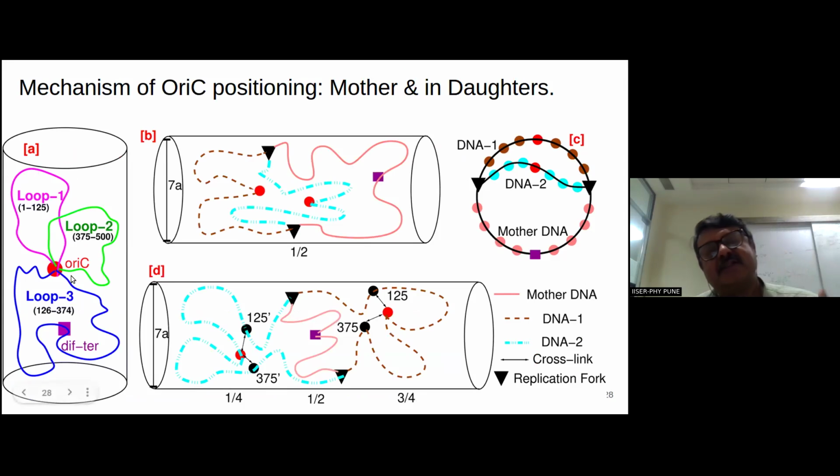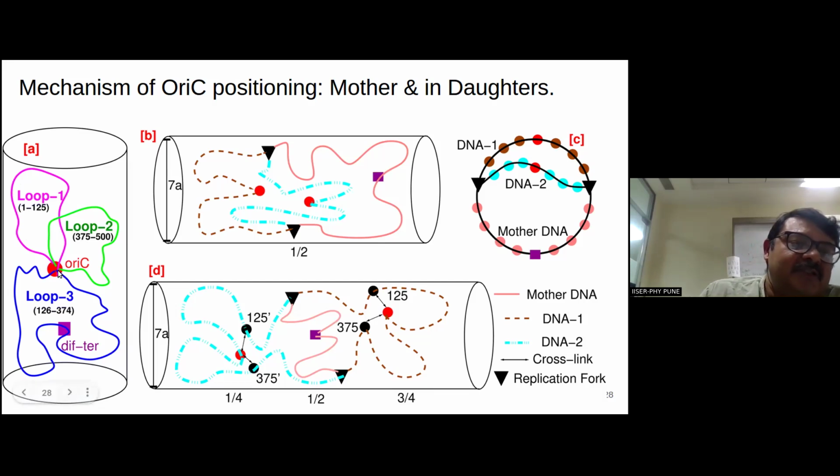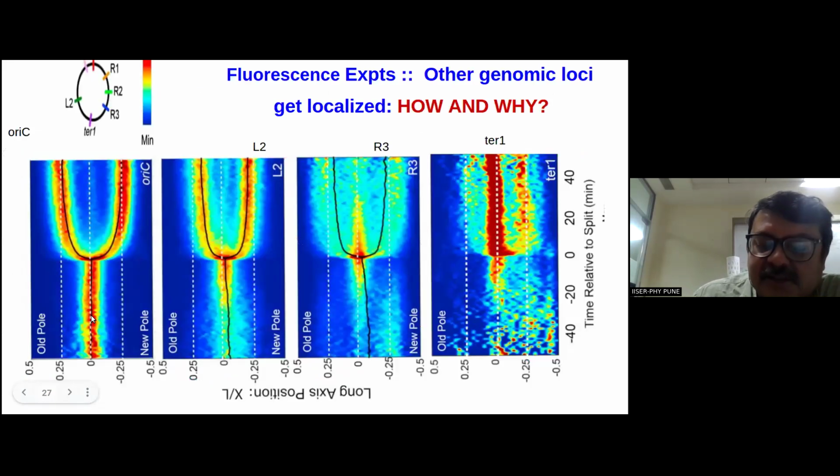This is our assumption, our hypothesis, that if the mother chromosome has this topology, then the ori will be in the middle. This is the original part, this is why the ori is in the middle.